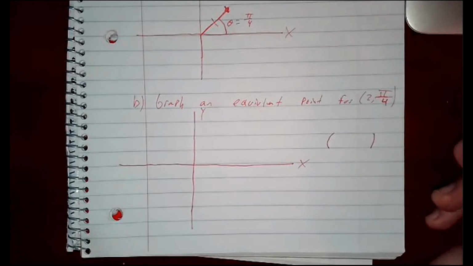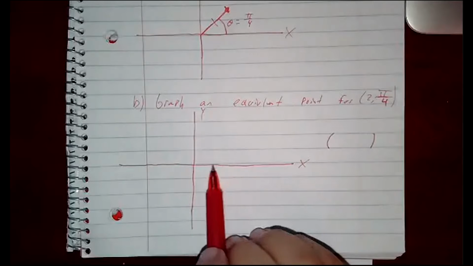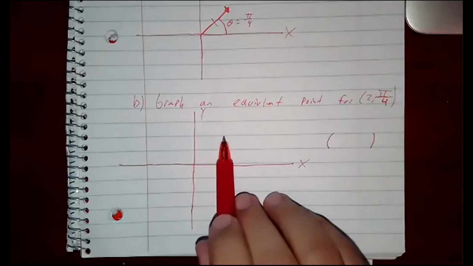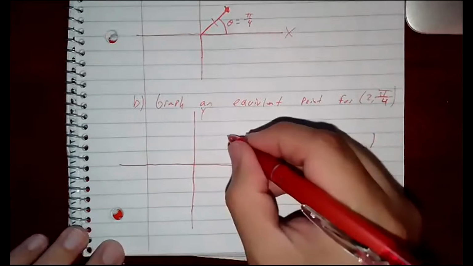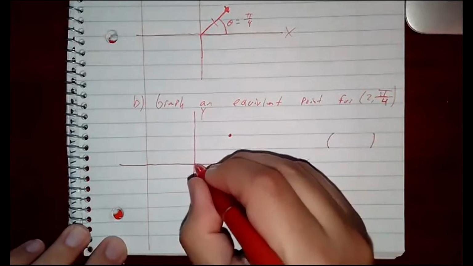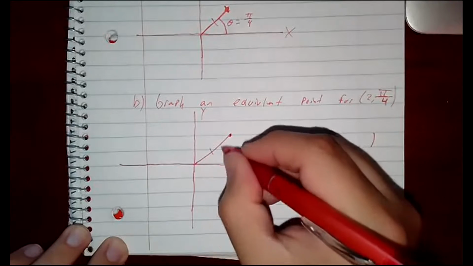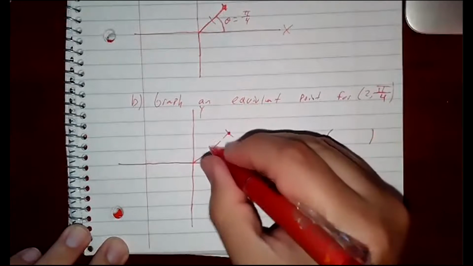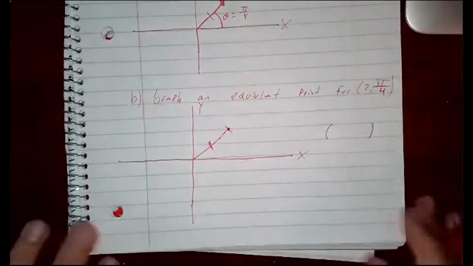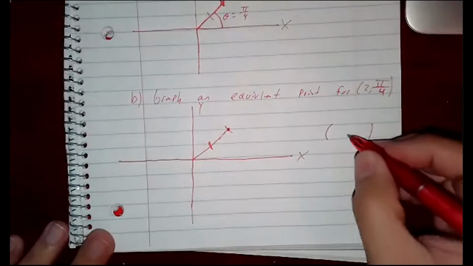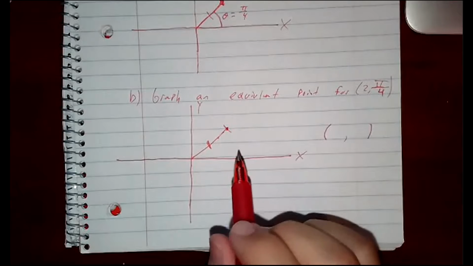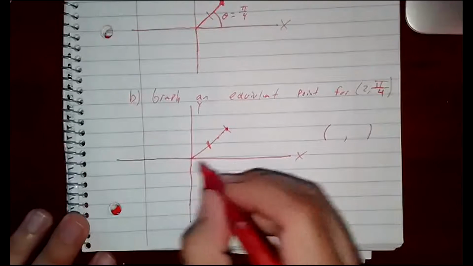So one thing you could do is go to this side over here, and then go -2 to end up at this spot, right? I want to end up here. So what you can do is pick an angle first, right? Let's pick 5 pi over 4, which gets me to here, right?